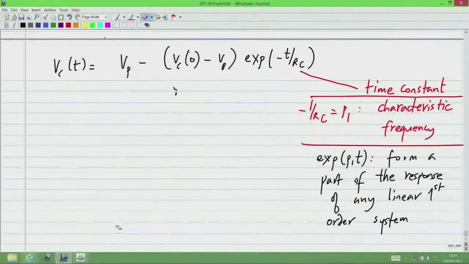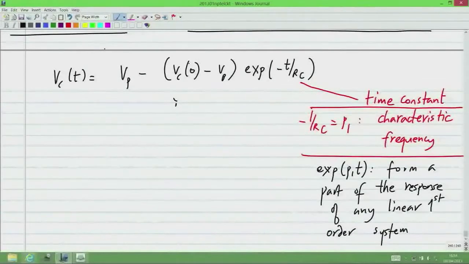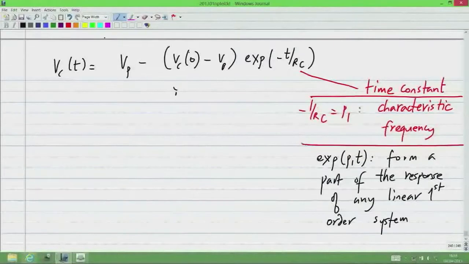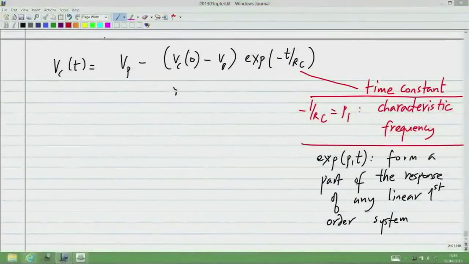If you don't have a first order system, if you have a higher order system, you will end up with multiple exponentials, exponential of P1t, exponential of P2t, and so on. Okay. So now this can be thought of as two parts.